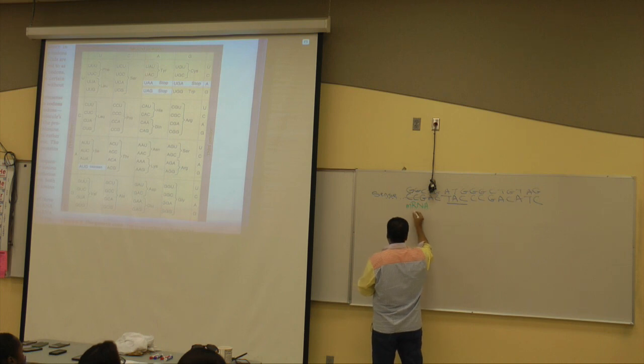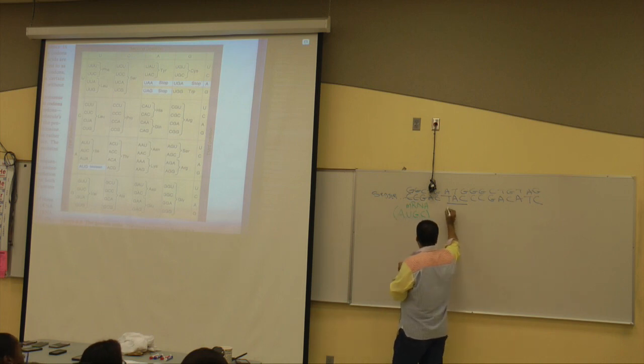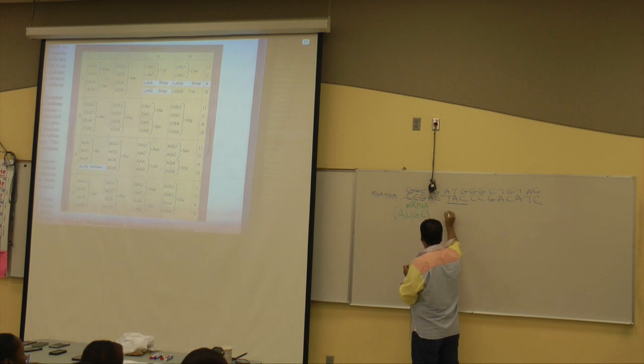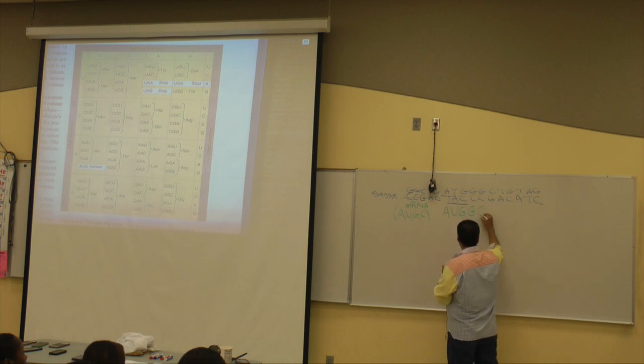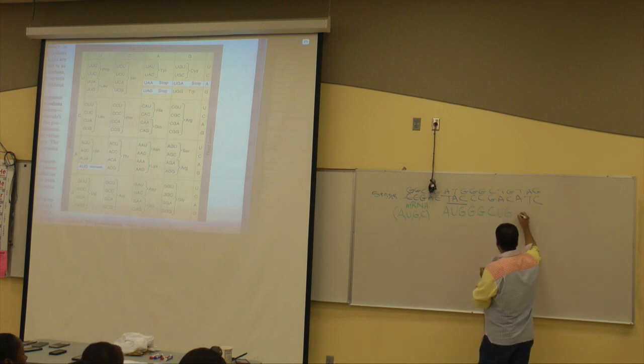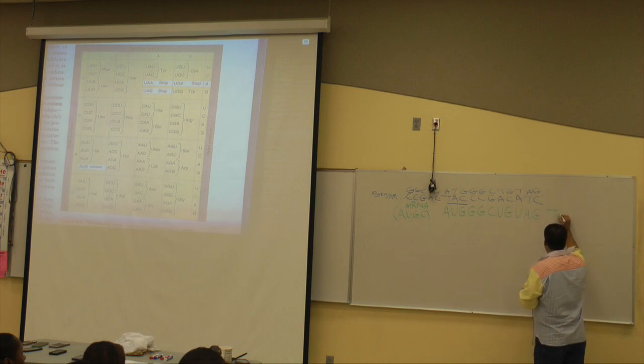You know mRNA has four nucleotides, A, U, G, and C. RNAs do not have T. So T will pair up with A, and A, because RNA does not have T, will pair up with U. C will pair up with G, G with C, again A with U, C with G, A with U. Now this step is called what? Transcription.